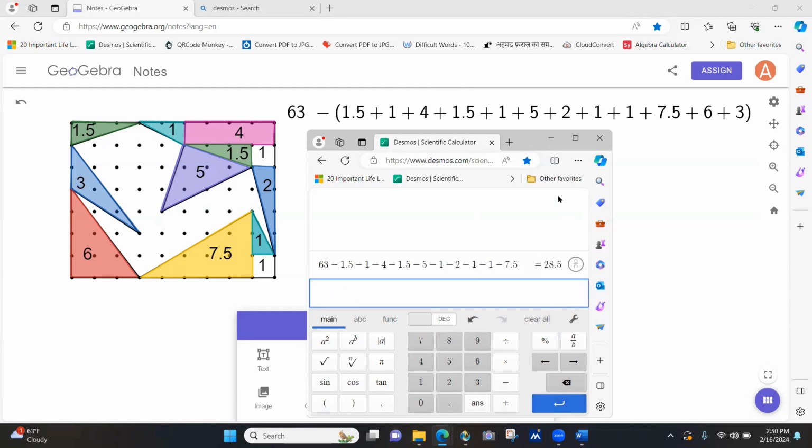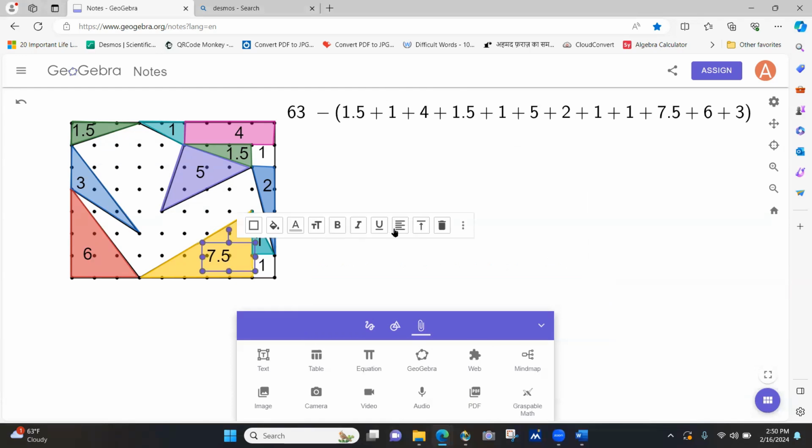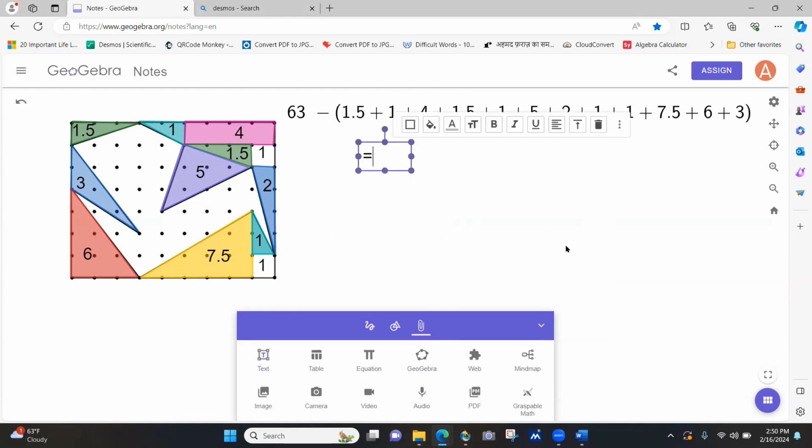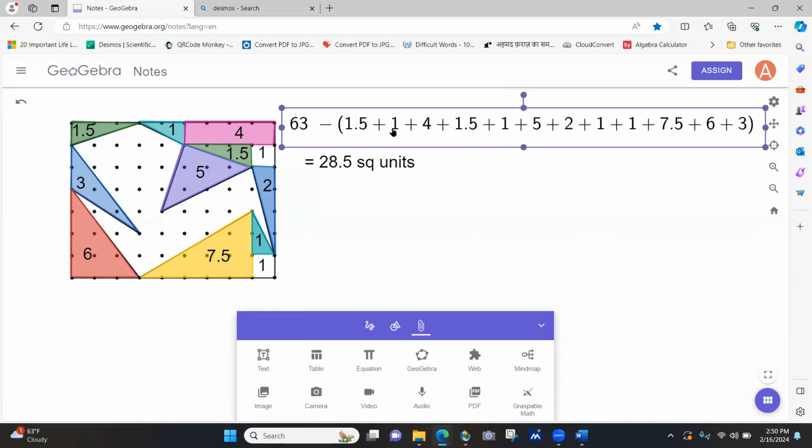And I'm getting 28.5 square units. I'm going to write it like this, square units. That's my answer. So it's a fairly difficult problem, I would have to admit. And I hope it helps.